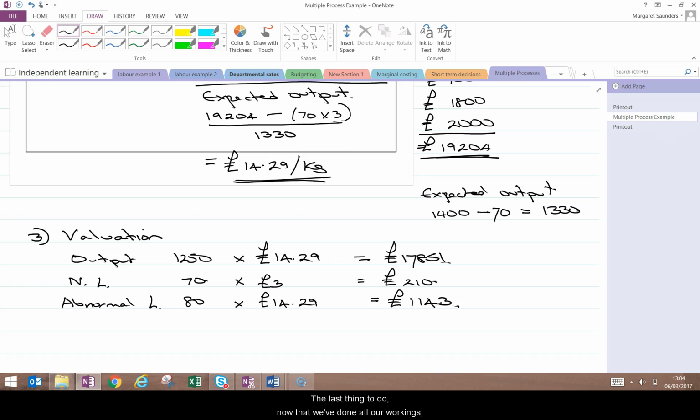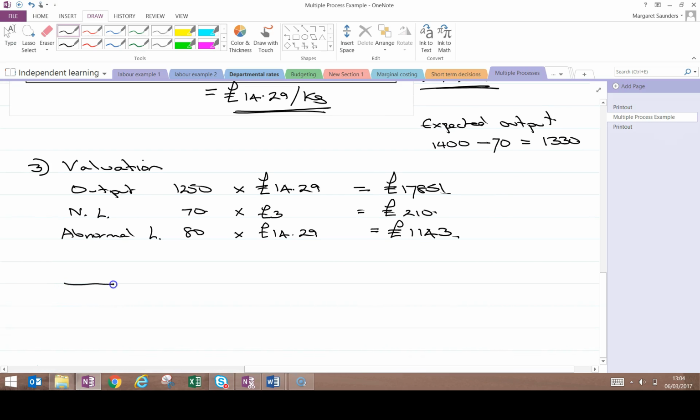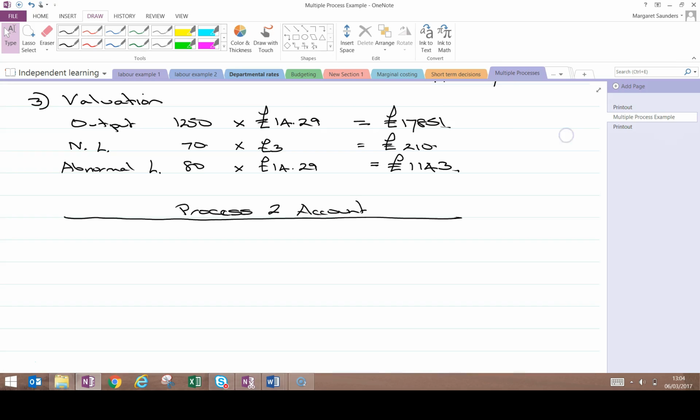So the last thing to do, now that we've done our workings, is to put it all into the process 2 account. Not quite a straight line, but never mind, you'll get the idea.